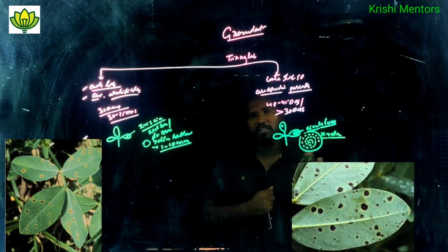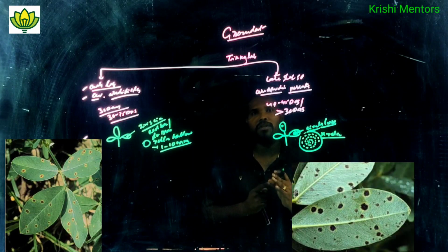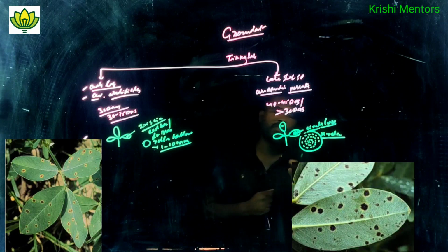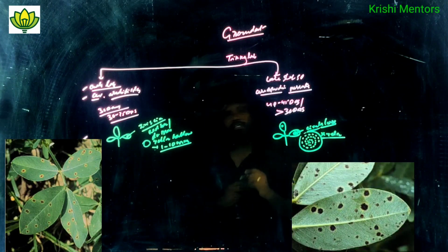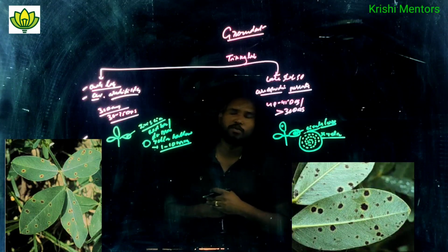This may spread to other parts, petioles, stalk and stems, and the entire plant will collapse. This is about the symptoms of early and late leaf spot.